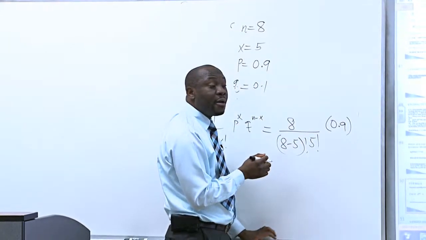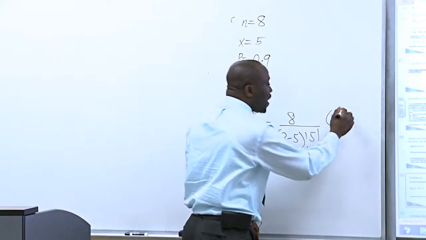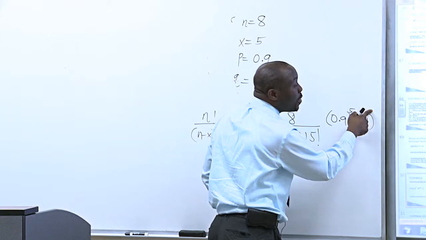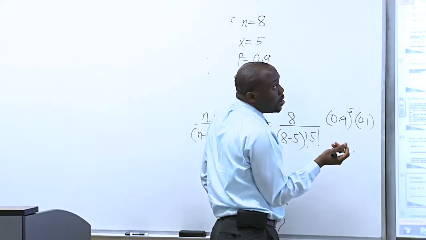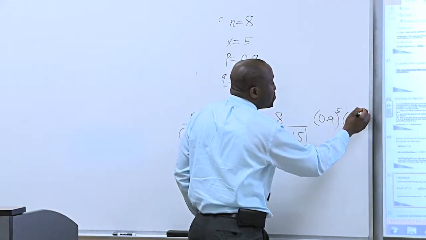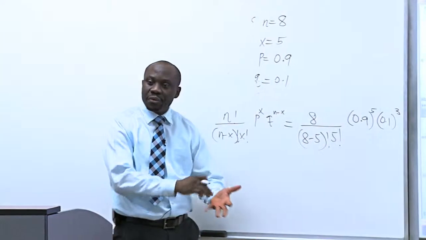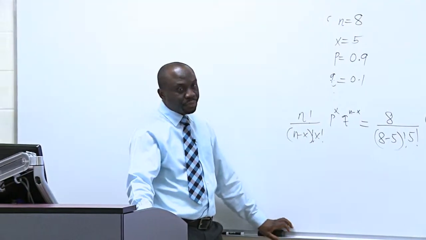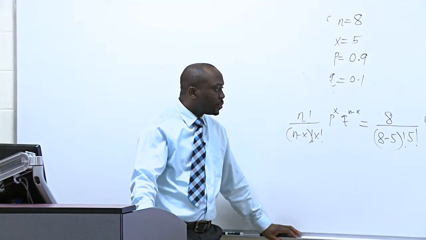To the power 5. And the next one will be q to the power 8 minus 5, which is 3. And then with your calculator, you can get the value. The first is an 8 factorial as well, right? The top?